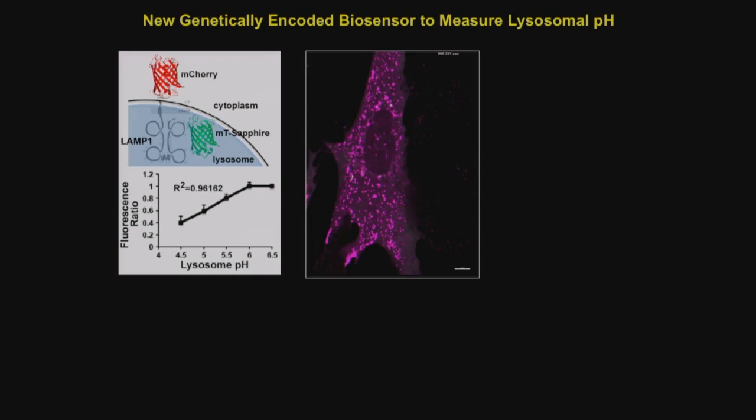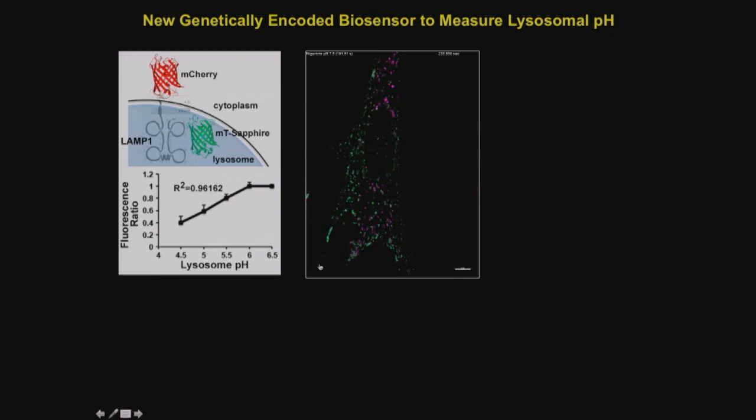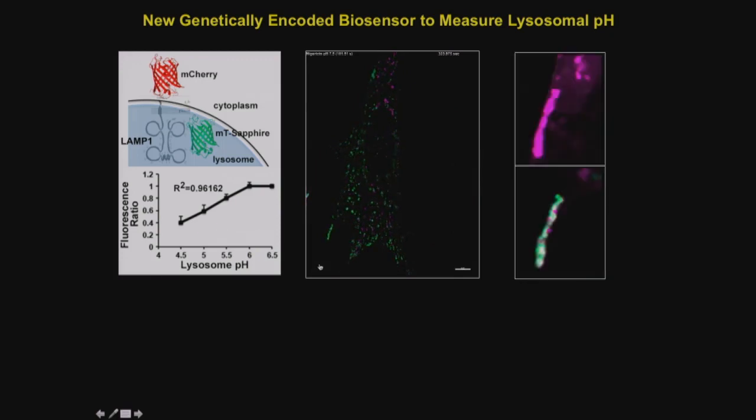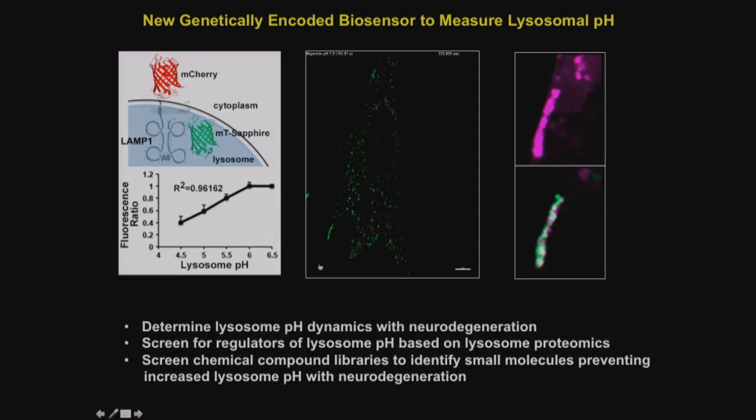And we can show that this accurately measures pH between a range of about 4.5 up to about 6, and that's shown here. It localizes only in lysosomes, and it's responding to an increase in pH, and that's shown here at even greater magnification.